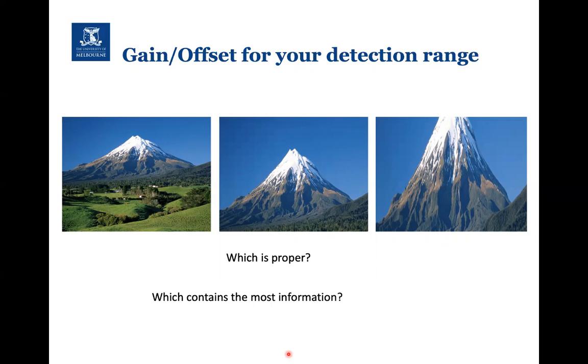Which one gives you the best representation of the size and what's going on around the mountain? So hopefully not this one, that you can't see the top and you can't see what's going on at the bottom. This one is probably okay. You can definitely see the top, but you're not really that sure what's going on closer in.